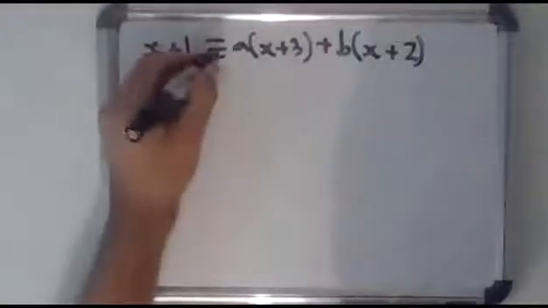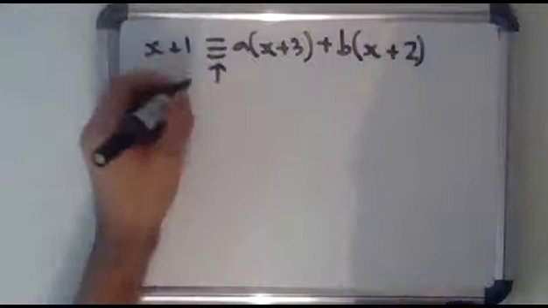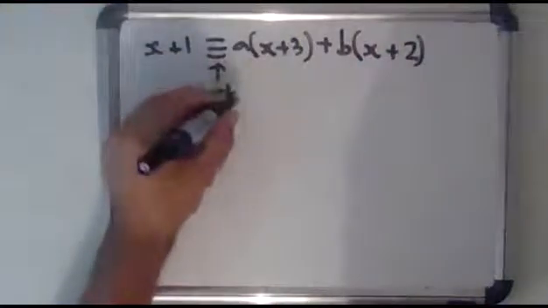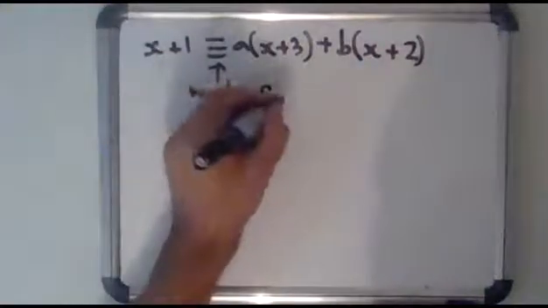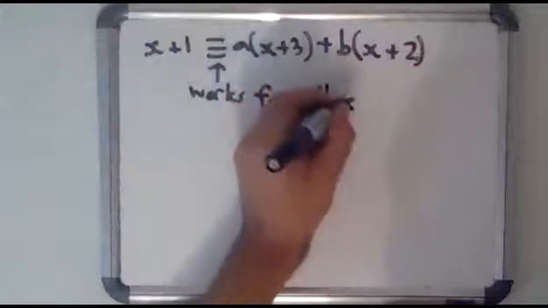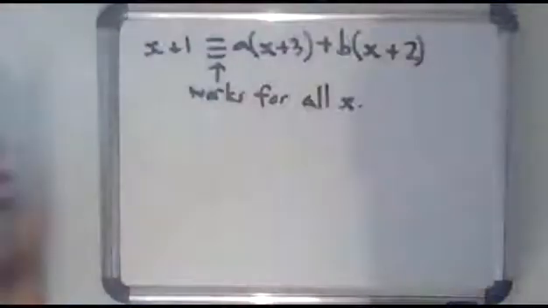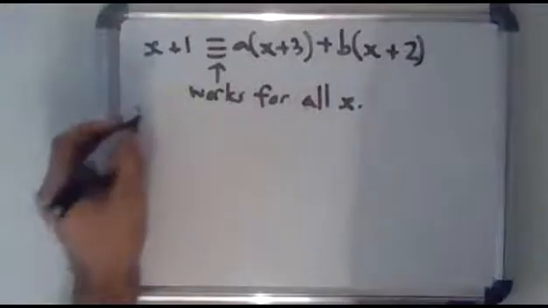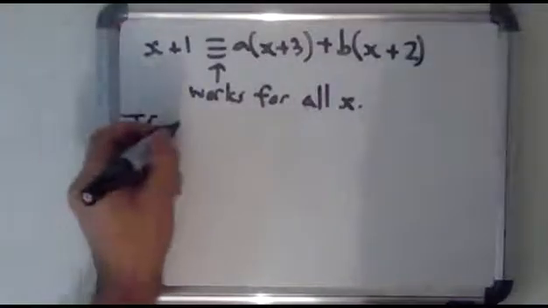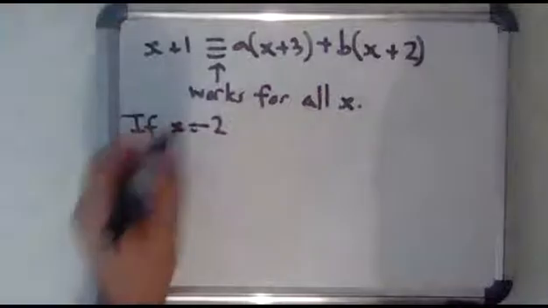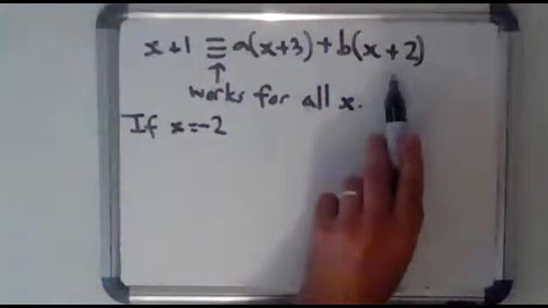Because this works for every value of x, what you can do is substitute in useful values of x. Useful as in because they eliminate one of these letters, so you can find the other one.